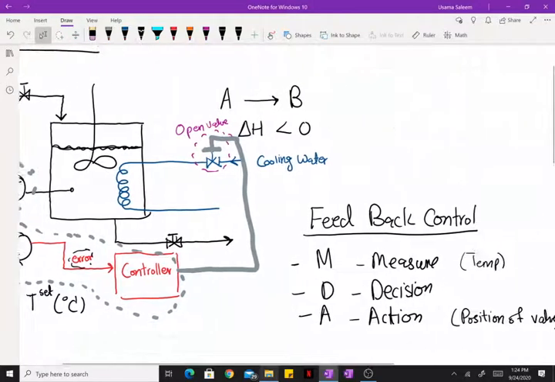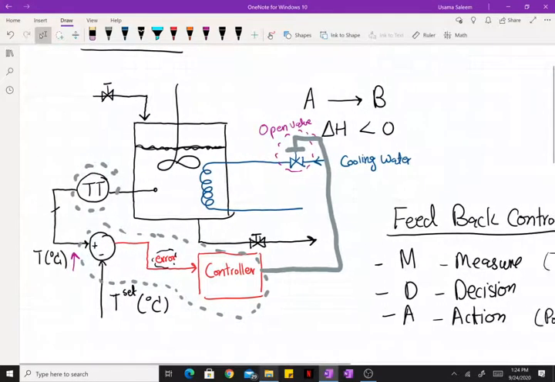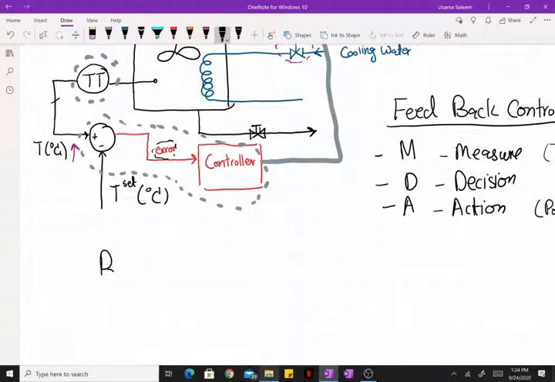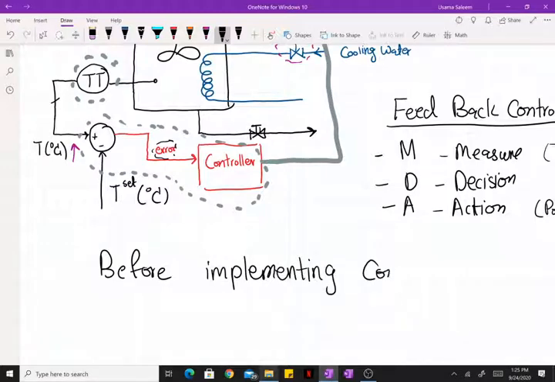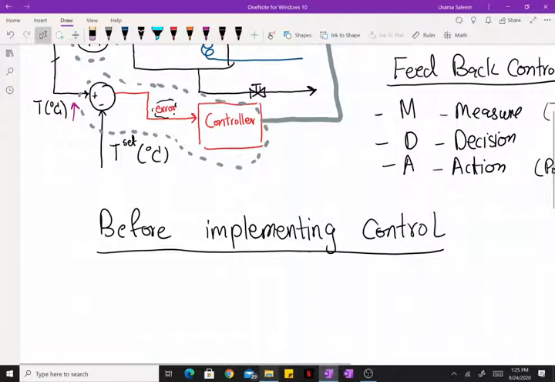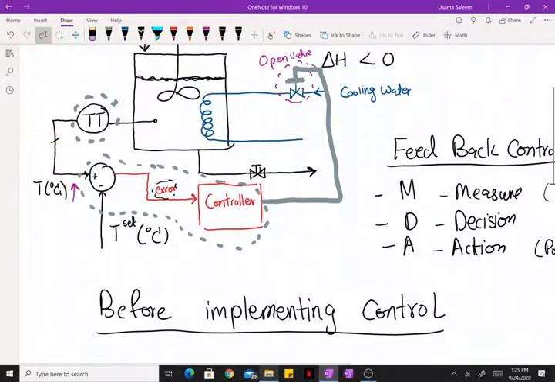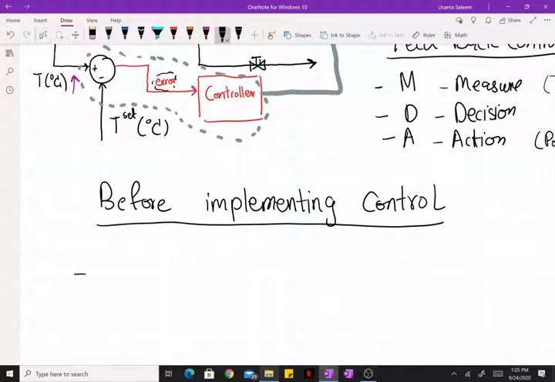Now, before implementing control for any process, whether it's a CSTR, a heat exchanger, a distillation tower, anything, before you can come up with a good control strategy, what you need is a dynamic model of the process.